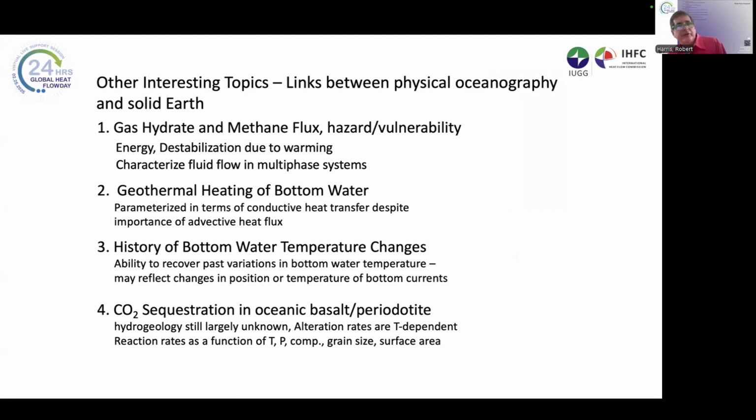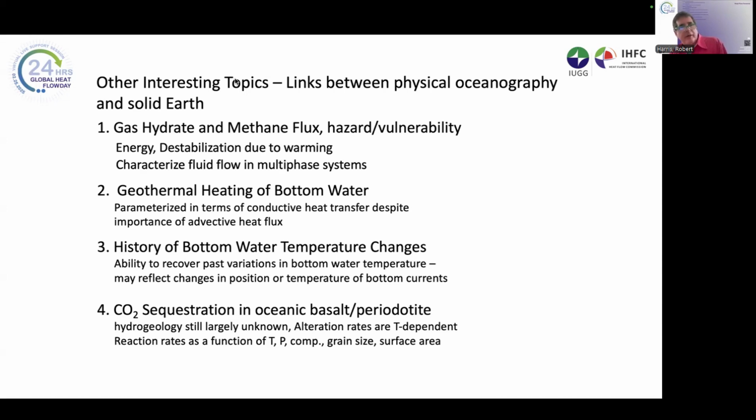Okay, so those were just a few topics I think that are kind of ripe for future research. Other interesting topics that link physical oceanography and the solid Earth might be gas hydrate, methane, as these shallow continental waters warm. They may destabilize hydrates, and we could look at that in terms of global change.